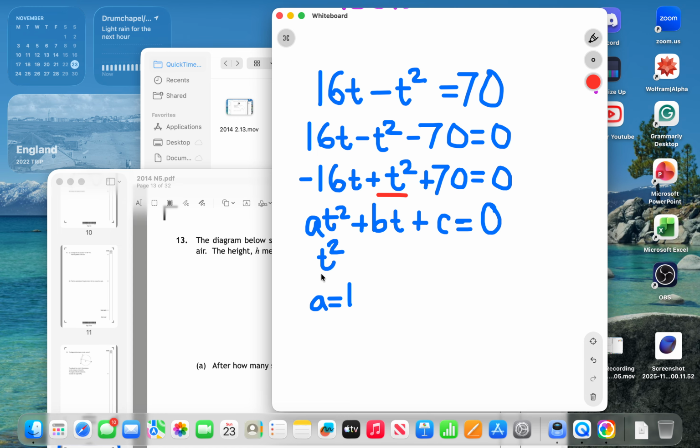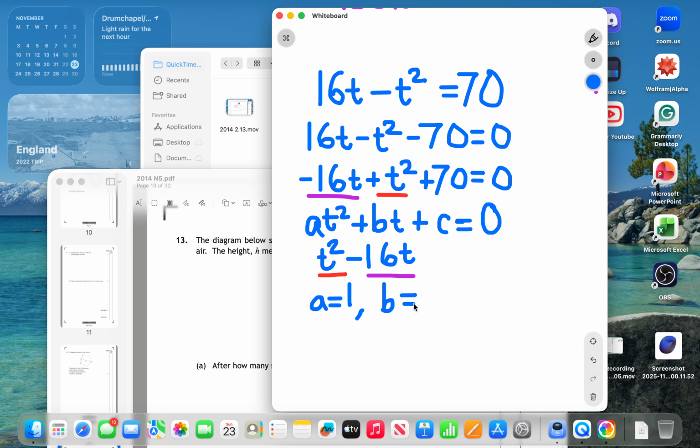If we want to compare this, we put minus 16t, and that is b is minus 16.